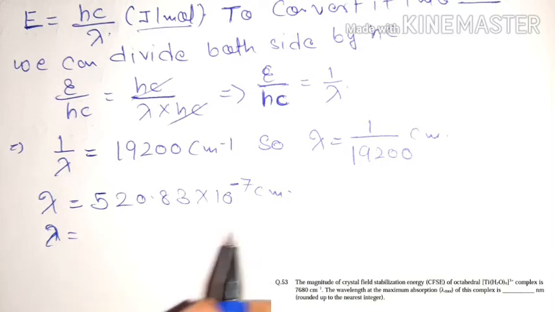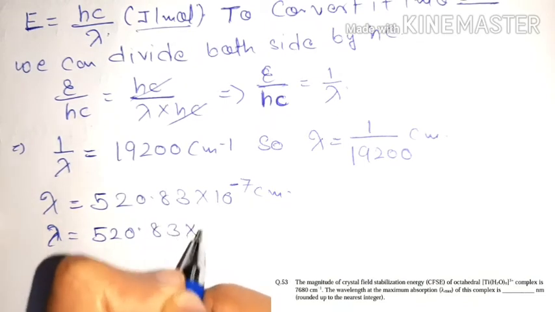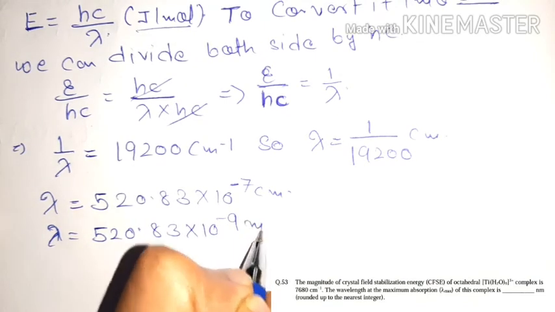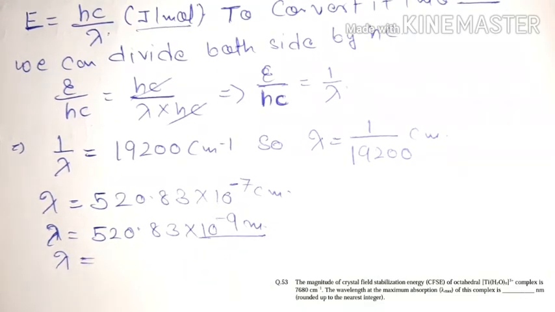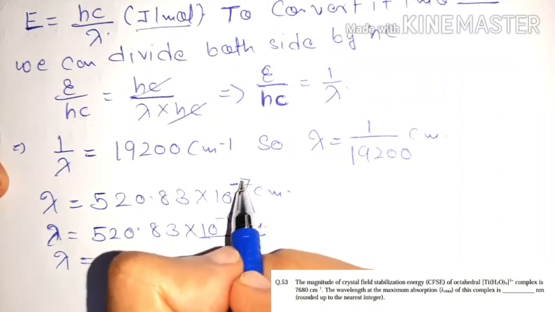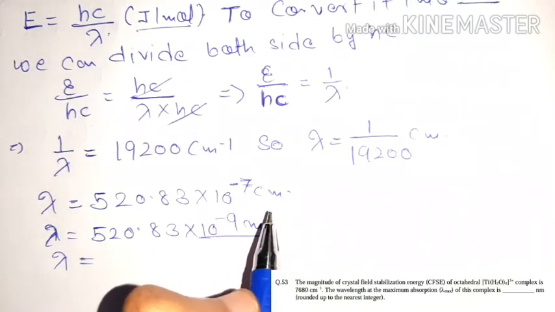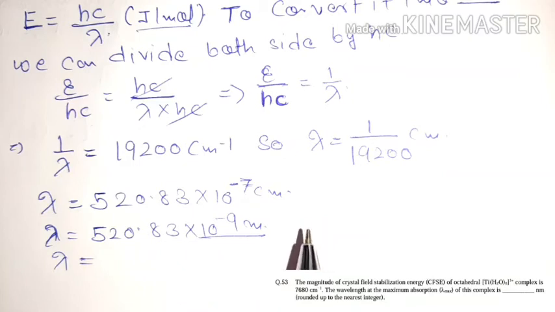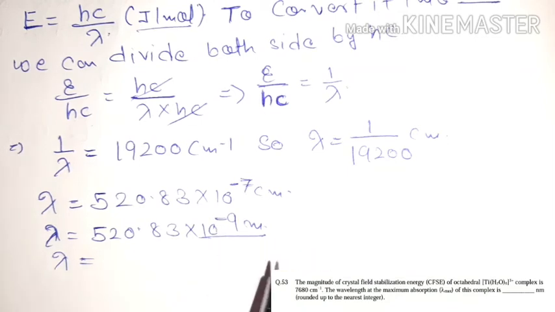Okay, so it will be equal to 520.83 into 10 to the power minus 9 meter, and you know 10 to the power minus 9 meter is equal to nanometer.